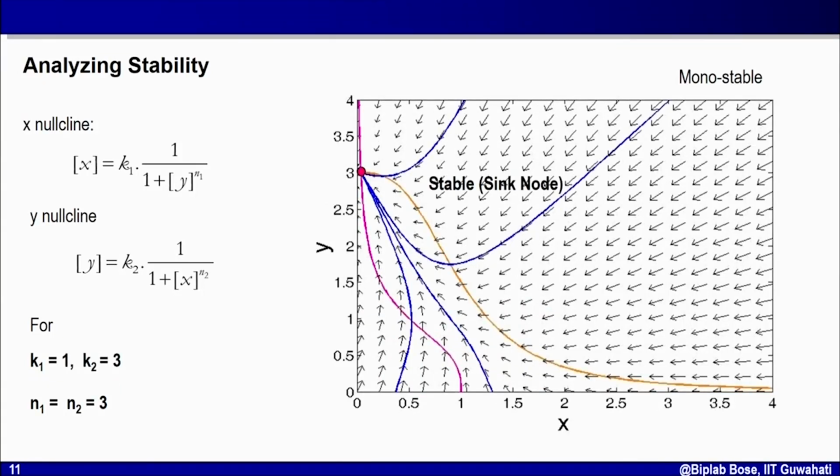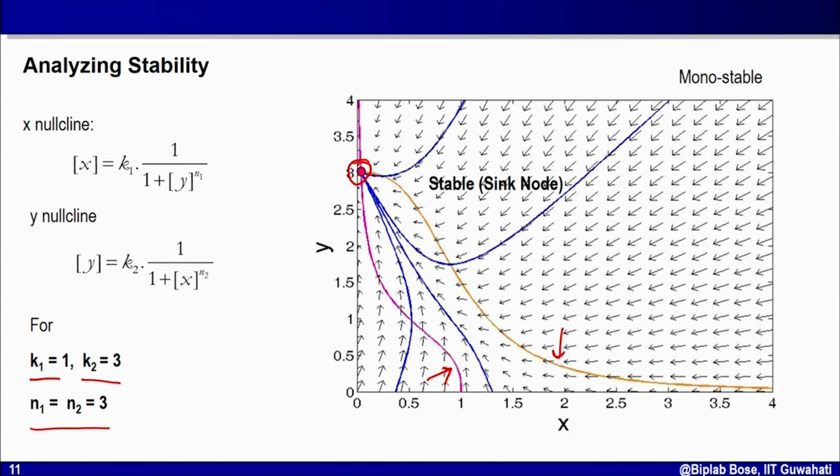What if there is an imbalance between production? So we have considered k1 equal to 1 and k2 equal to 3 earlier. The sigmoidal nature is still retained. So I have these yellow and pink lines as null lines that we have drawn earlier, and I have only one intersection point here near y equal to 3 and x equal to 0, near that.